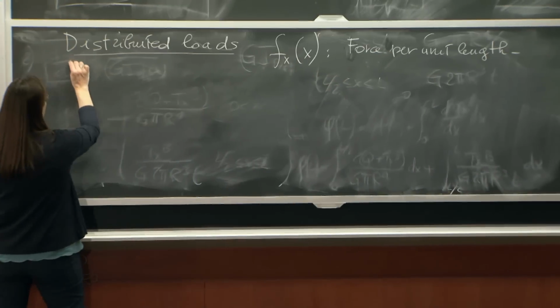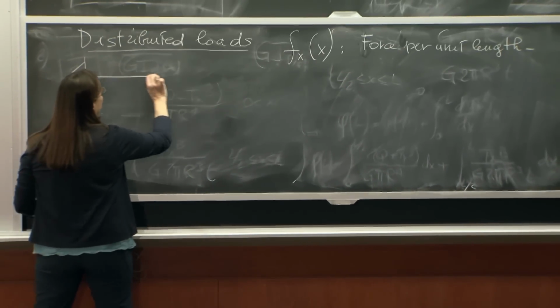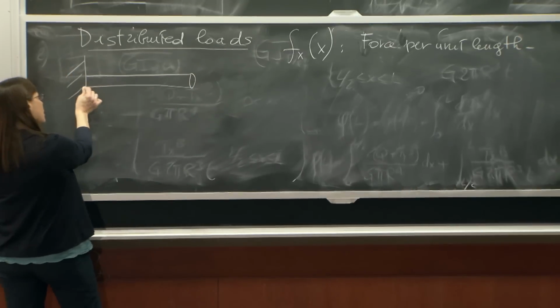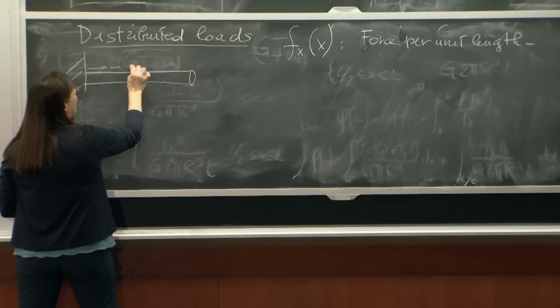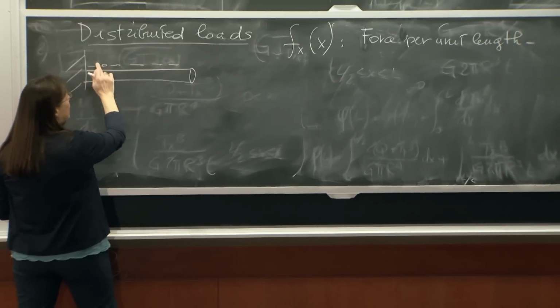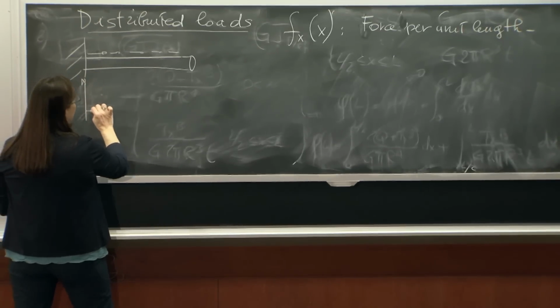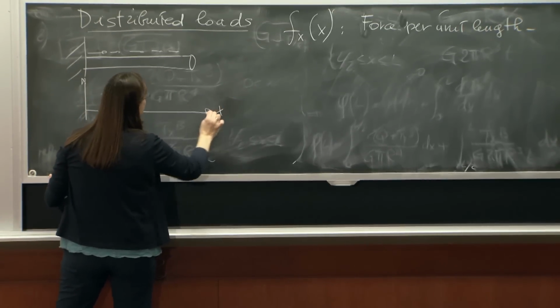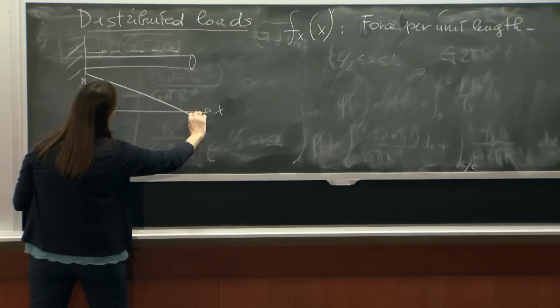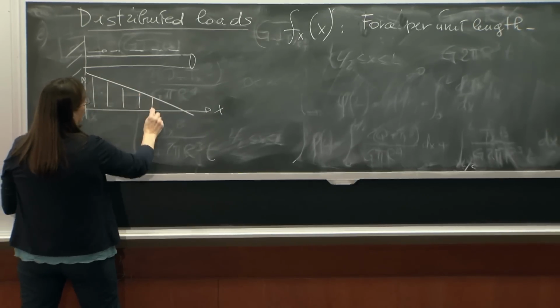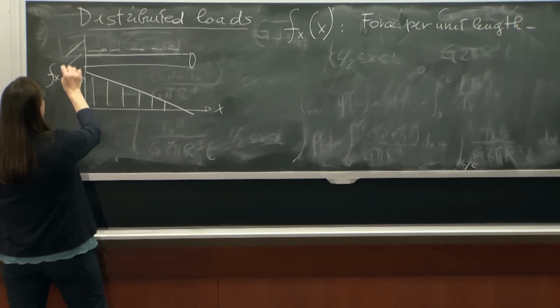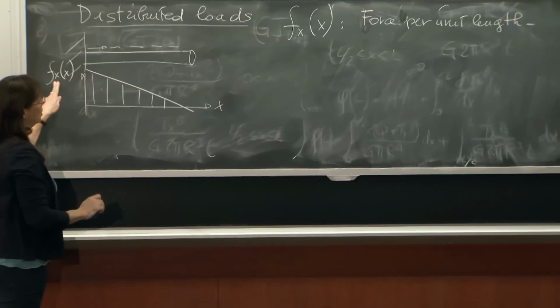So for instance, say that I have a bar like this, and I'm applying an fx of x that is big here and small there. Say that it goes linearly, like that. So if this is my axis x, I'm going to have an fx that just goes like that. So this is my fx of x, right?